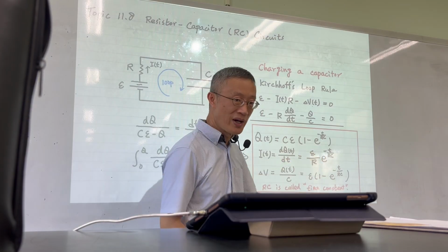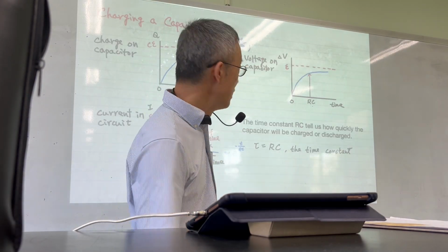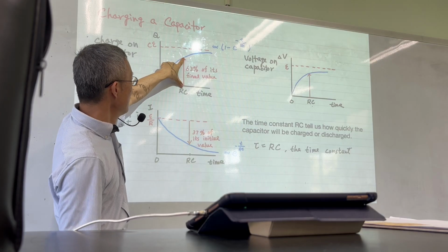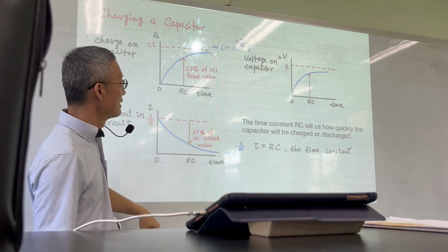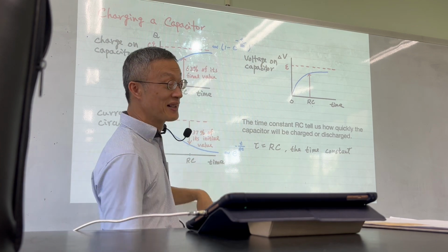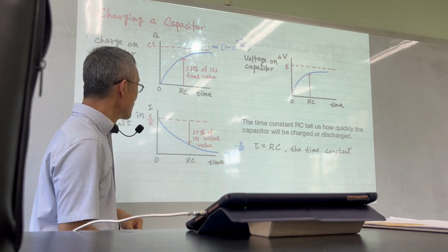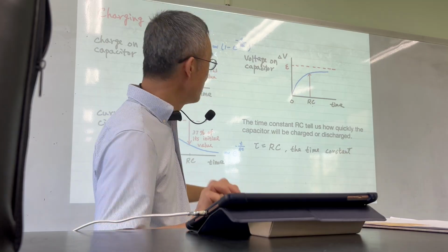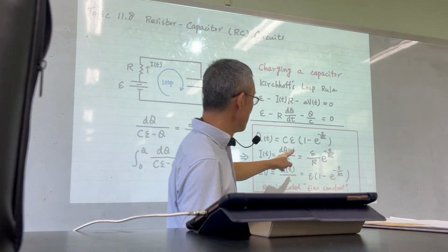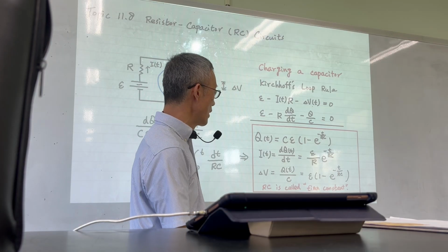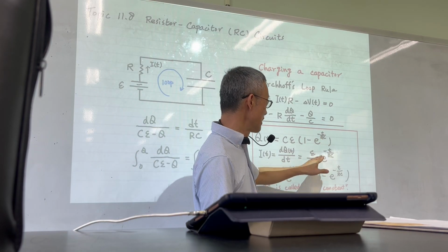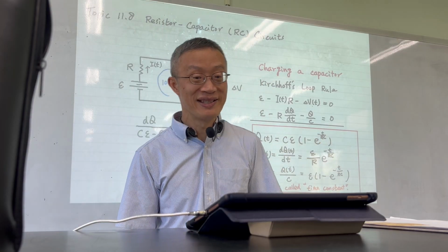Then we could find the charge grows this way, to 63%. Same thing for voltage build up. So we call RC the time constant. So if we know C and R, we could find the time constant. One question asks you to find the time constant. It's just a multiplication of R and C.